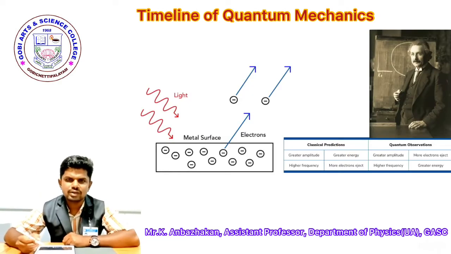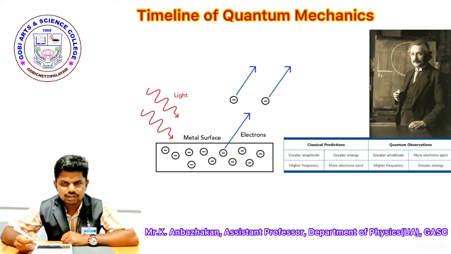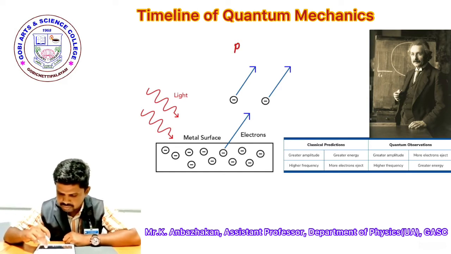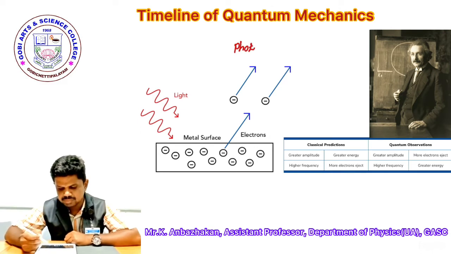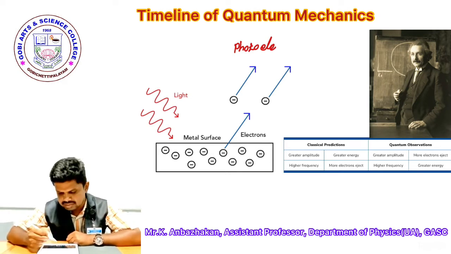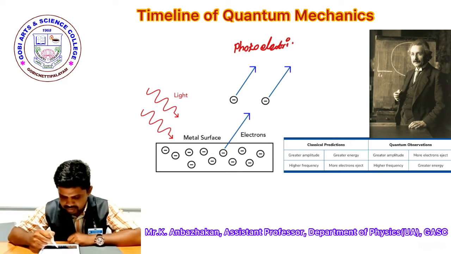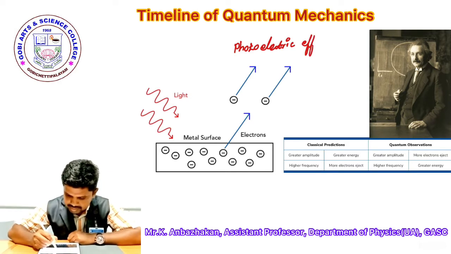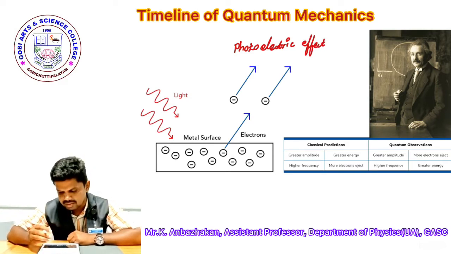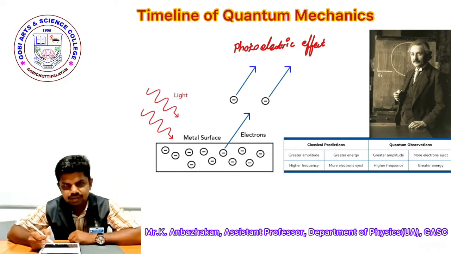The next milestone in quantum mechanics was laid by the famous scientist Dr. Einstein, through his experiment named the photoelectric effect, which I am going to show here. In this picture, I have shown a metal surface where radiation is incident, and whenever the radiation is incident on that metal surface, the electrons in the metal surface get ejected.